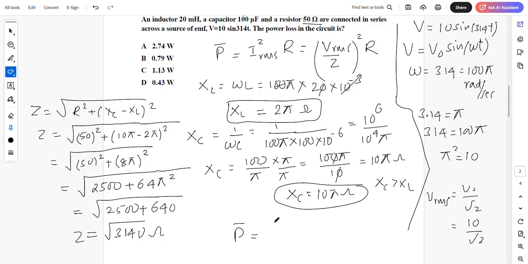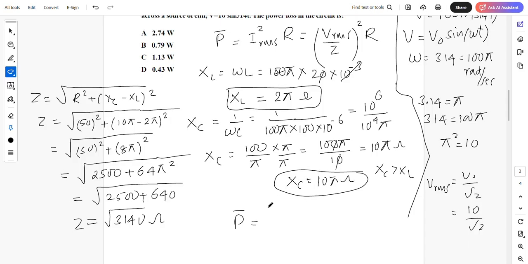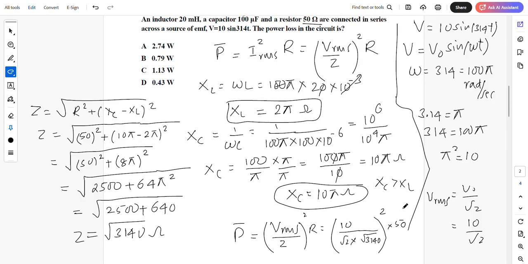Now use this formula: VRMS is 10 by root 2, Z is square root of 3140, the whole square, into R. R they have given 50.